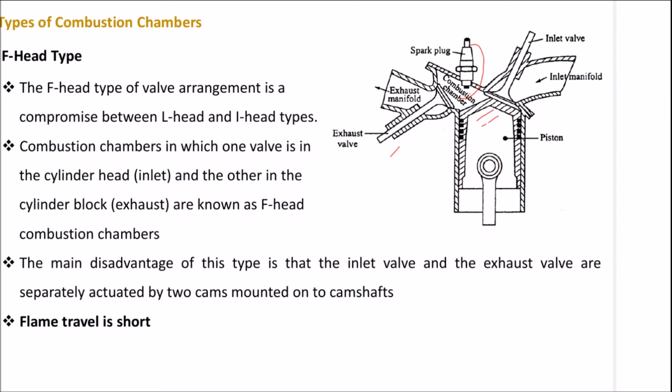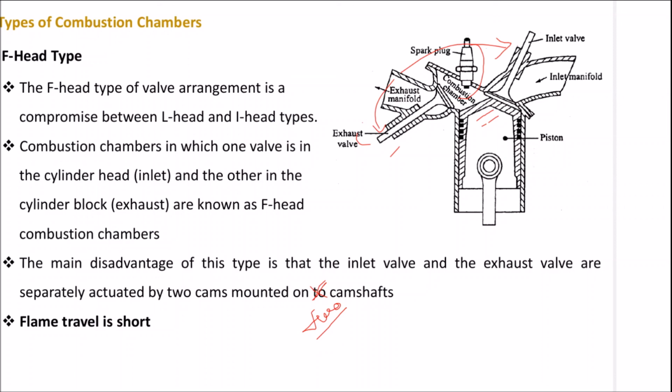The flame travel is very short, and the main disadvantage of this type is that the inlet valve and the exhaust valve are separately actuated by two cams mounted on two camshafts. Because these are on either side of the cylinder, you require two camshafts, as in the T head type.